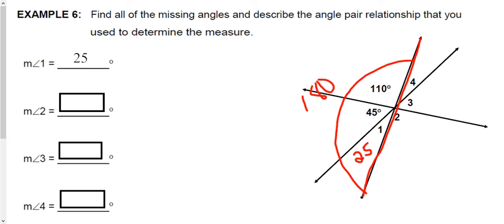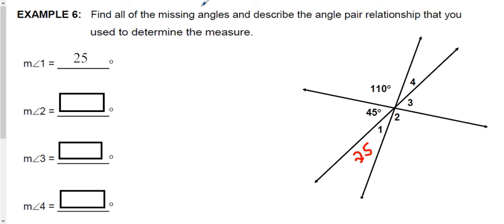Alright, so I'm going to get rid of some of that stuff now and look at something different. Find those other ones. We're going to look at some vertical angles now. So that's still 25.